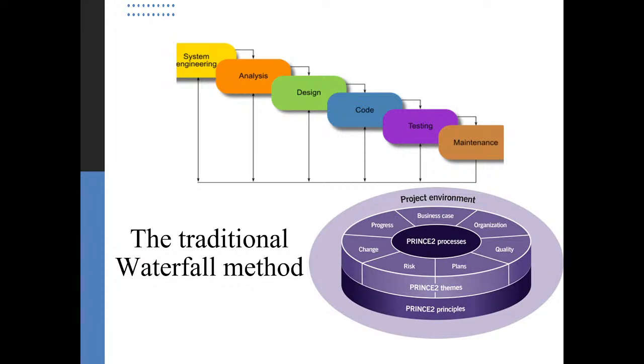The scope was a clear fixed scope which doesn't change. So for that to happen, you'd do your research, you do a feasibility study, you do the analysis, you do the design, you do the coding, you do the testing, you do the maintenance, you do the rollout of the project, and you close.